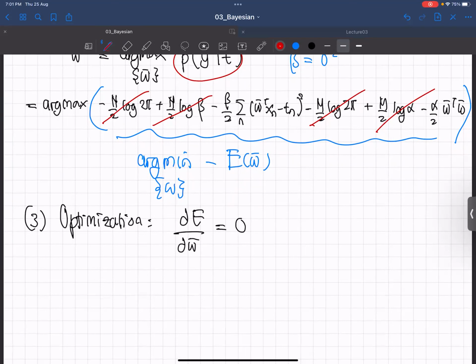So for the first term, let's put it in a different color. This first term in the red, right? If you do the derivative on this one, the 2 from the power 2 will go down and cancel with the 1/2. So you end up with beta there. And because there is a minus here, but you also have a minus there, they become positive. The derivative over a sum is still a sum.